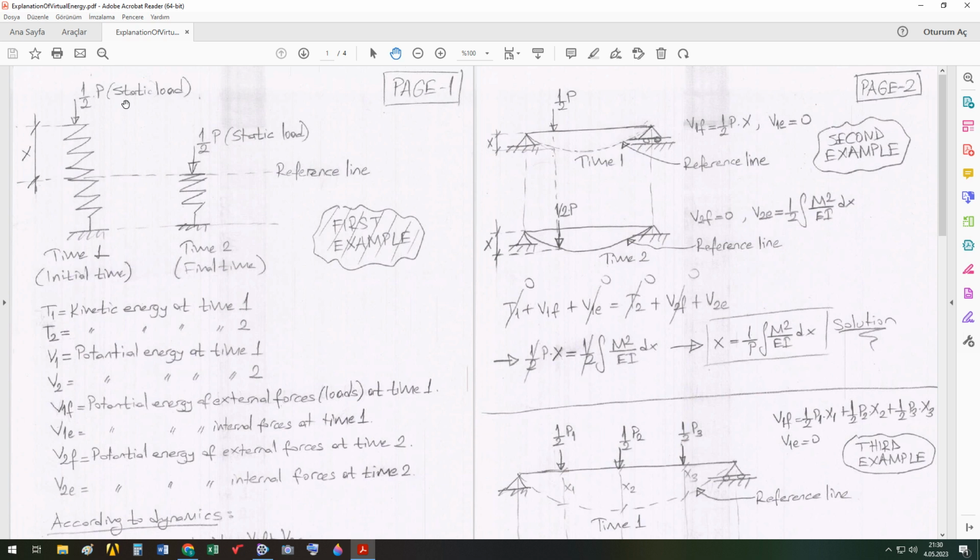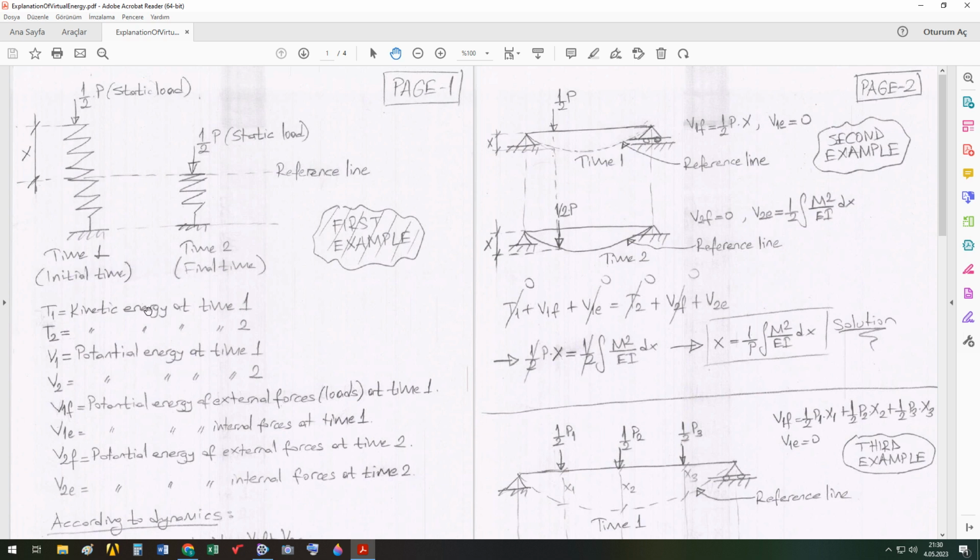Not 0, but almost 0. I think that for 10 Newton, it's 0.1 or 0.0001 Newton, almost 0. That's an assumption. So time is not neglected, time is very long, but the velocity and acceleration are 0.